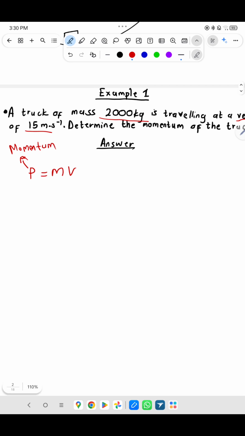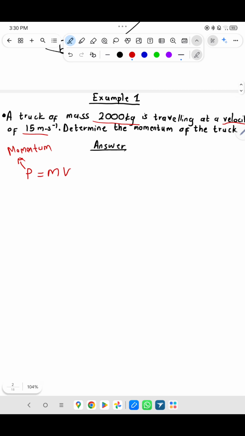So to calculate momentum, it's the mass multiplied by the velocity. We're just going to substitute into this equation. Your mass is 2000 and the truck's velocity is 15 meters per second. You can include the units at the end and then you will get your answer. The units will be kilogram meters per second.